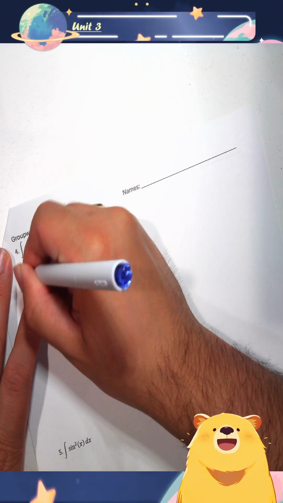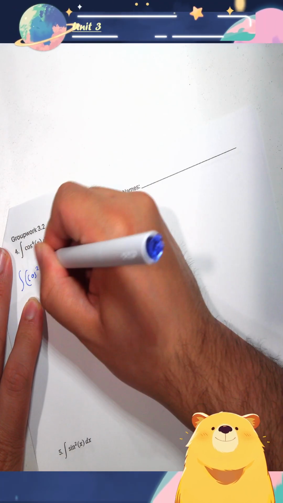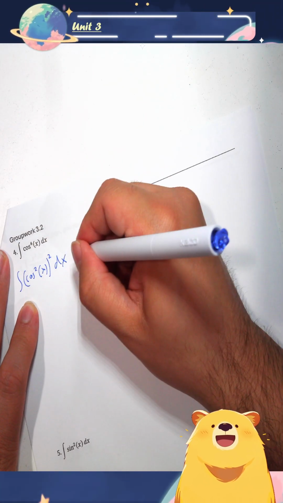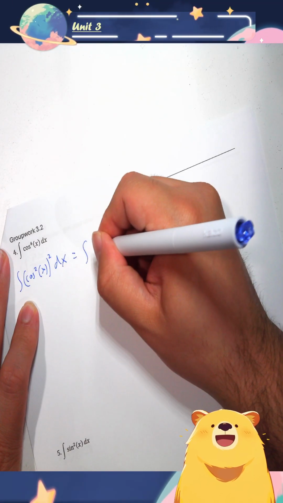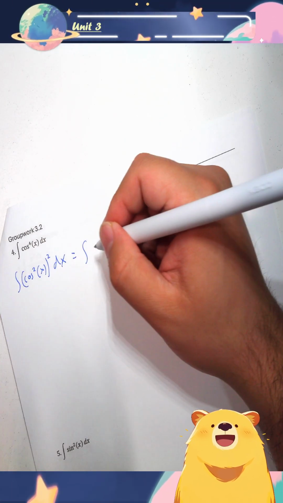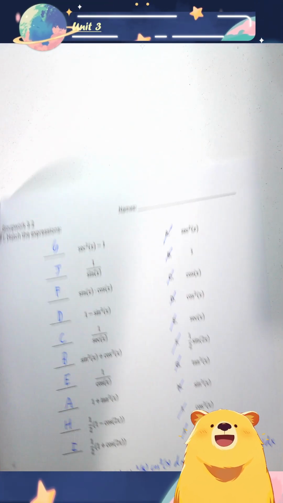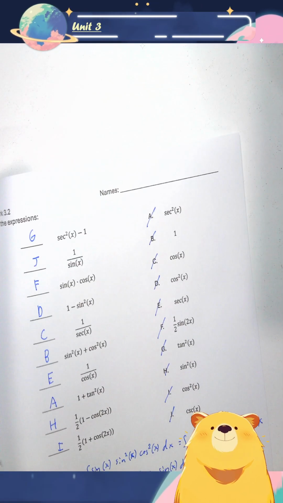So cosine squared dx, the power reduction is, oh my gosh, why am I blanking out on it? I'm gonna just write it right here. There it is.